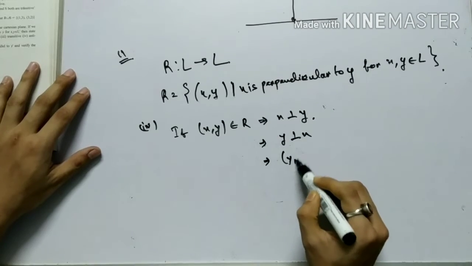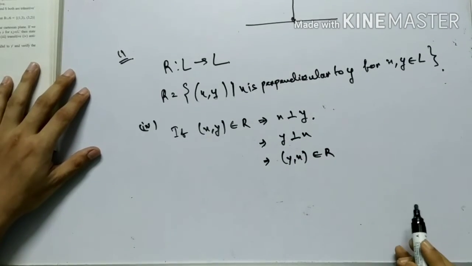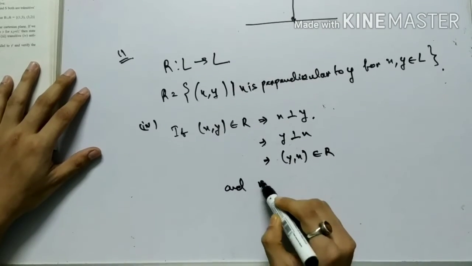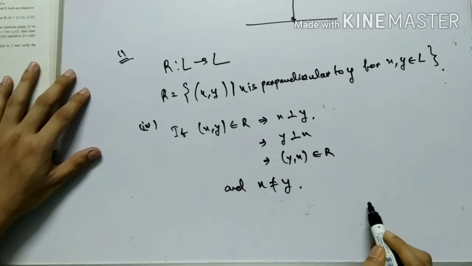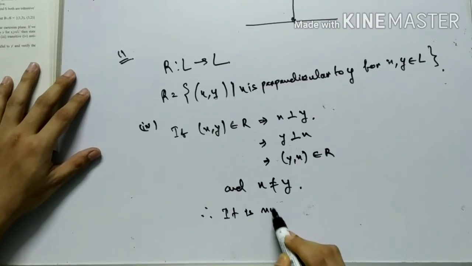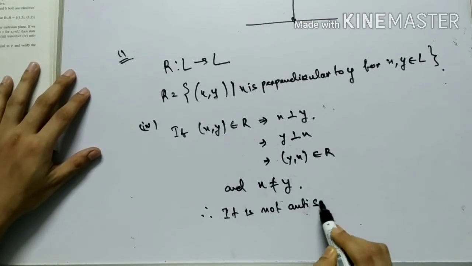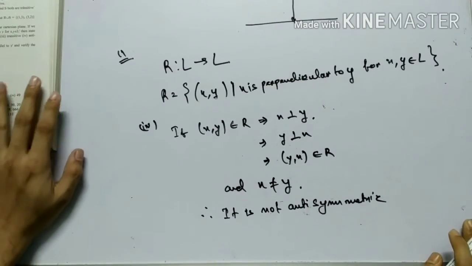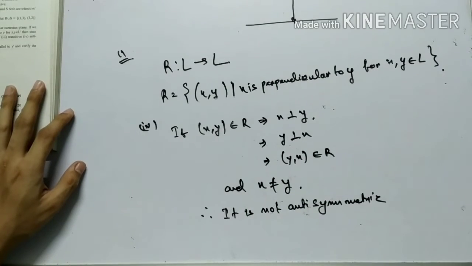Then I can say that yx belongs to R, and x is not equal to y. Understand? Therefore, it is not antisymmetric.